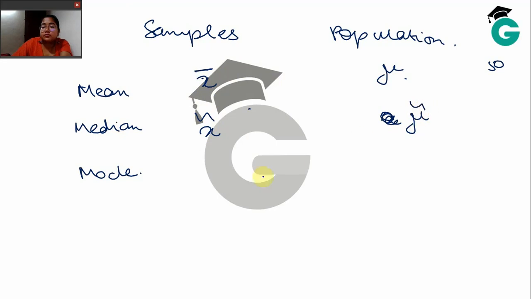Mode in a similar manner, so for now I'm going to call it M bar and M. M bar is the mode of the sample and M is the mode of the population, and so on and so forth. So my point is that there is an important distinction which you can draw between the same statistic for the sample and the same statistic for the population, and it's important that you understand that the two will be different.